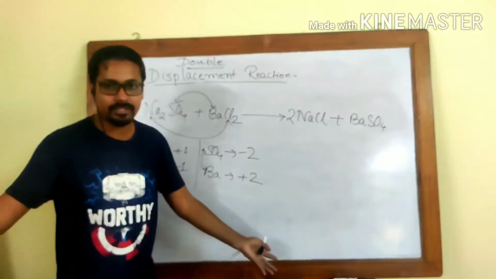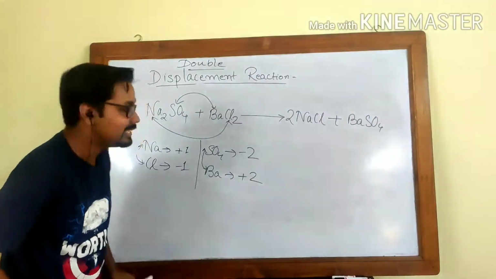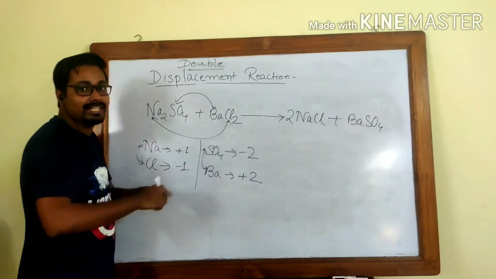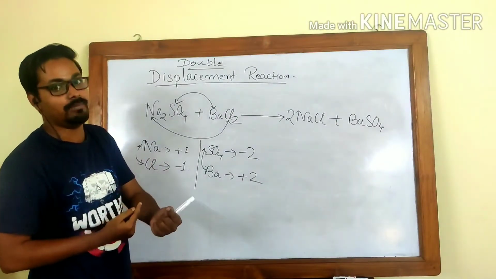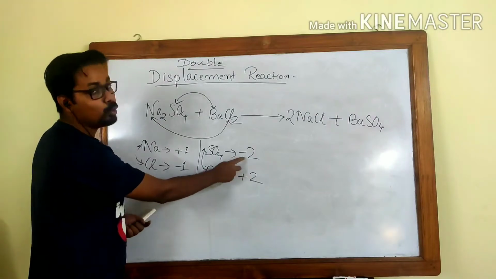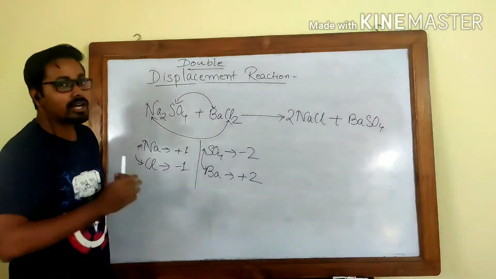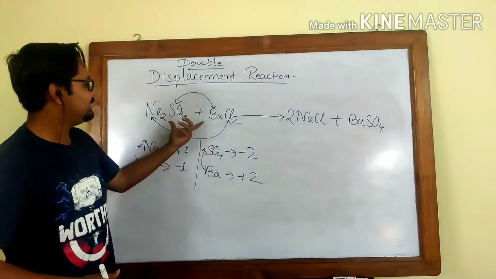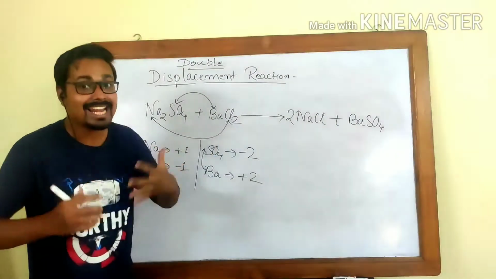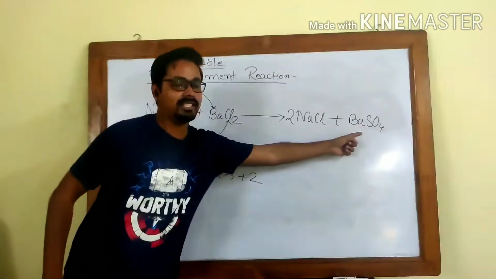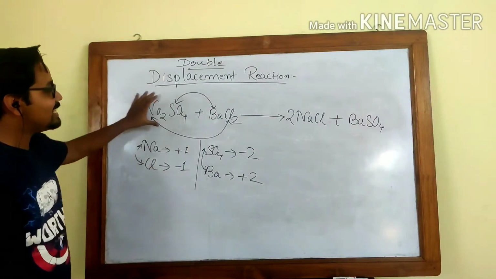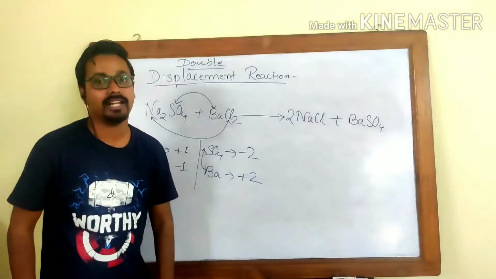Now barium, which is left with no one, realizes that it has sulfate to bond with, and sulfate and barium have higher affinity because both of their valences are 2. So barium will now move in with sulfate, and since they have higher affinity, they become a single compound. This is an example of a double displacement reaction.